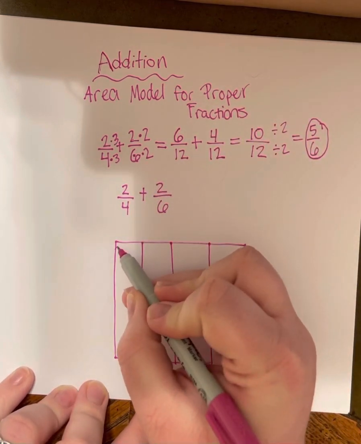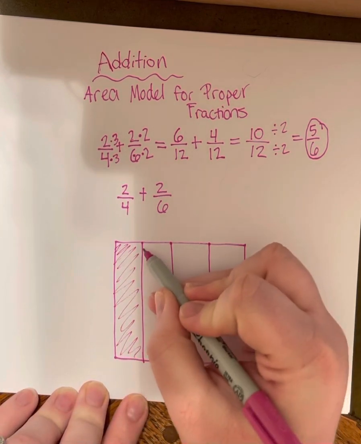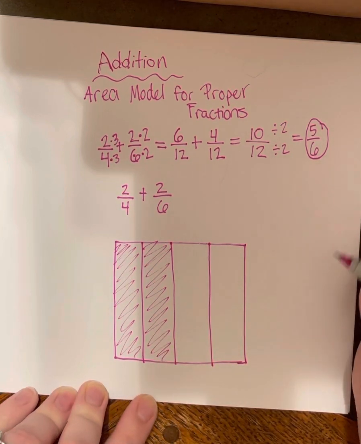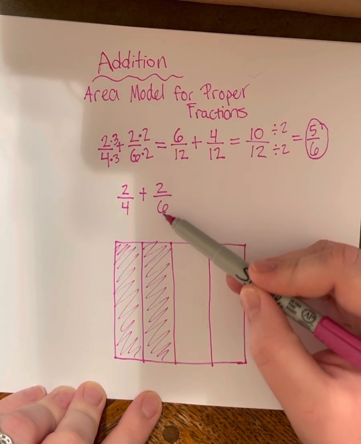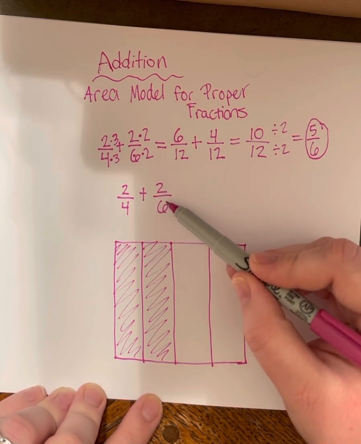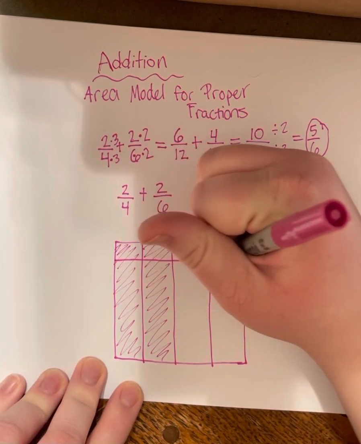So we're going to color the 2 columns that we have. Next, we can look over at our second fraction, and we can see that the denominator is 6, which tells us we need 6 rows.